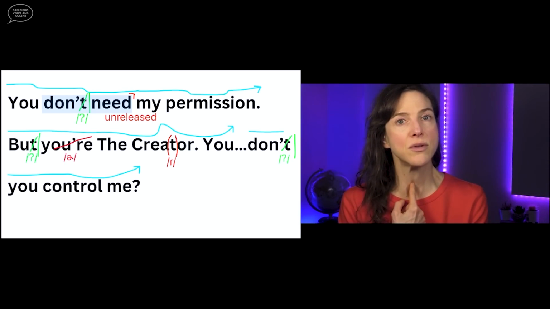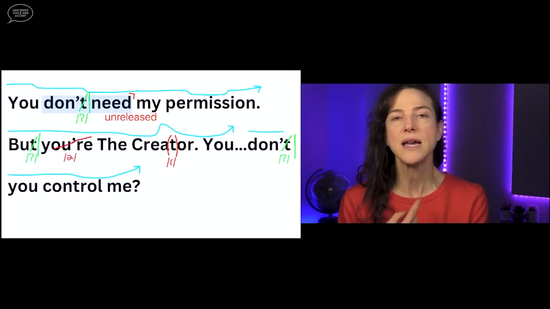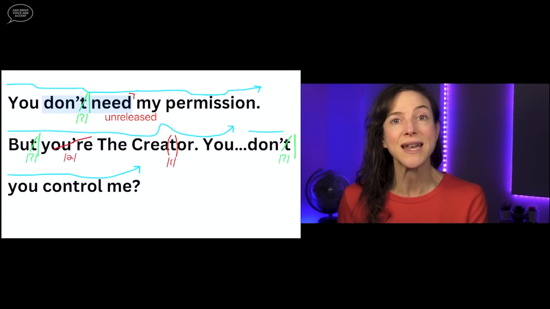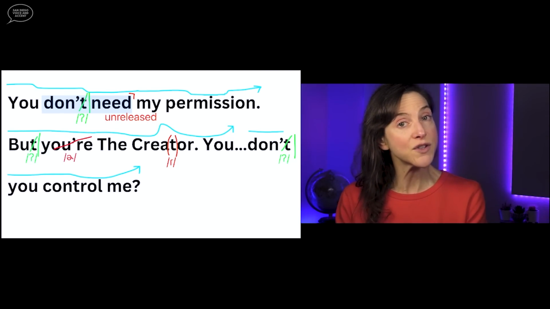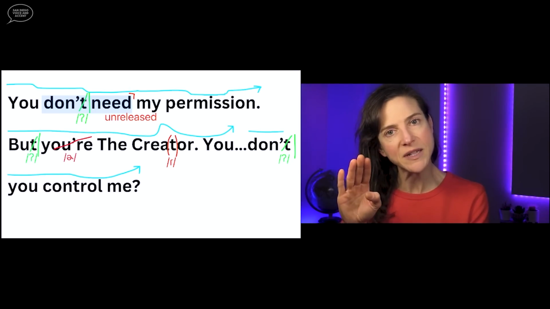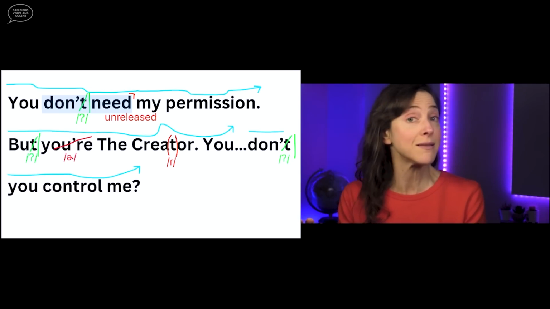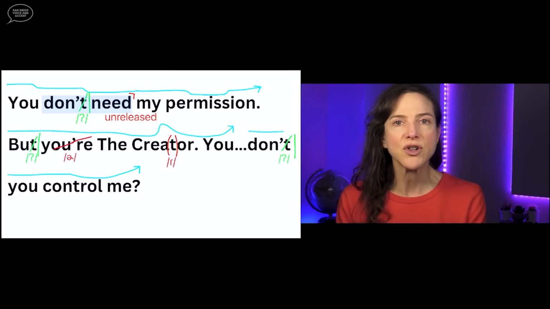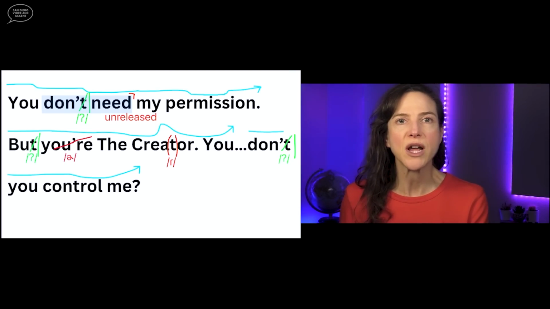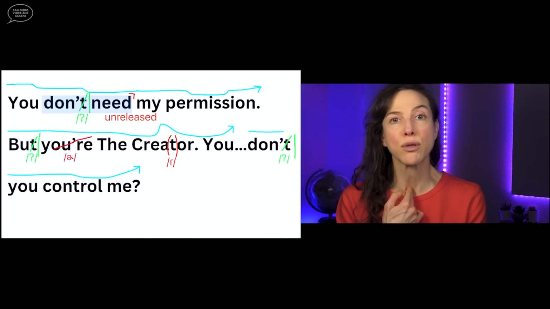Now, your tongue tip might come up because the next sound is an N consonant, which is an alveolar sound. The tongue tip does come up to the alveolar ridge to pronounce the N. So don't need. You might have your tongue come up as you're pronouncing this stop T. But the important thing is it's stopping in your throat with your vocal cords.